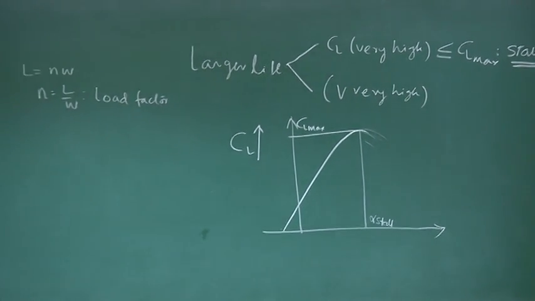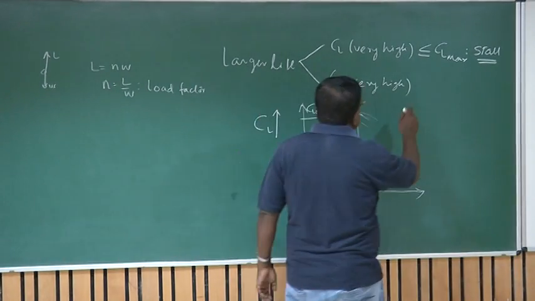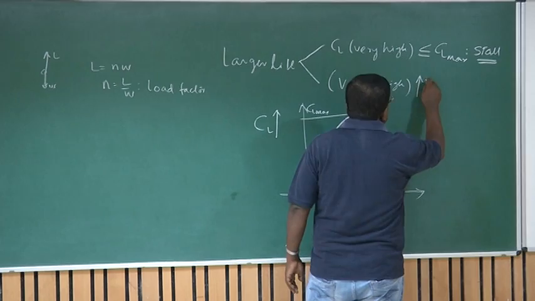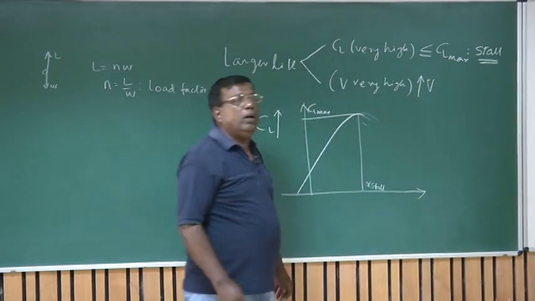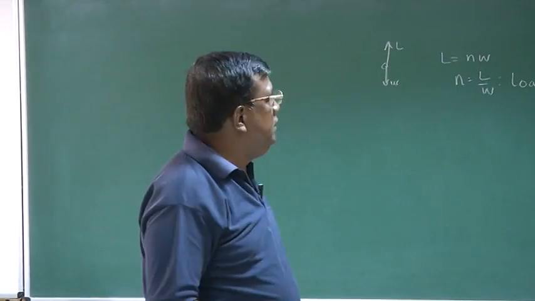but I will increase the lift by increasing the speed. I'll go on increasing the speed. What is the limitation? If I go on increasing the speed, what will happen? The question is this.